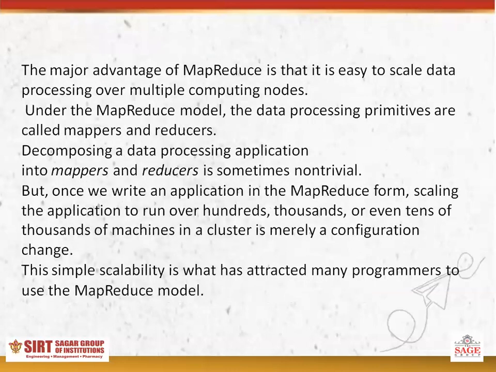Now, the major advantage of MapReduce is that it is easily scalable, so data can easily be scaled over multiple computing nodes. Under the MapReduce model, data processing is done by primitives called mapper and reducer.